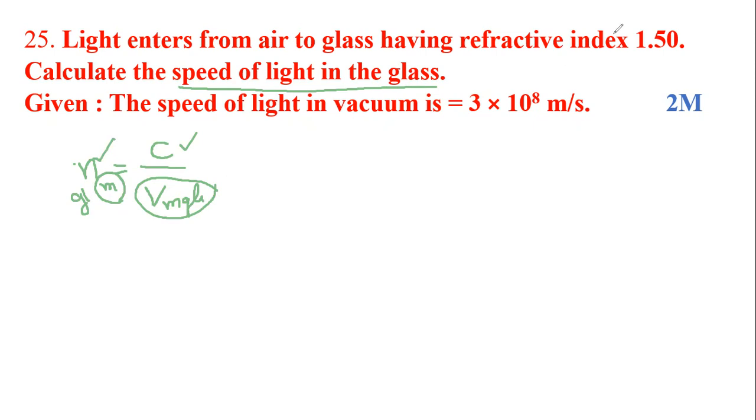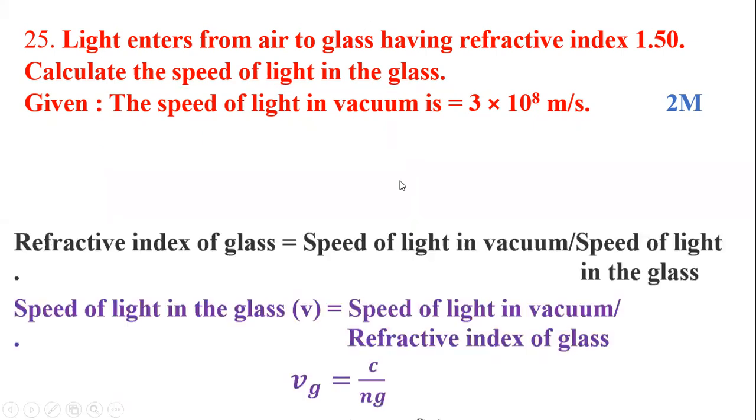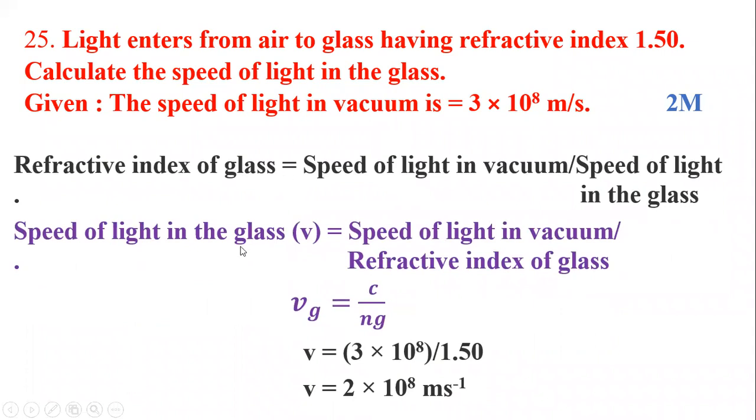Just arrange the formula according to the term we are going to find. Have a look. Refractive index of glass. This is the thing we are going to find. This is our formula, isn't it? Here, speed of light in glass is equal to speed of light in vacuum by refractive index of glass.